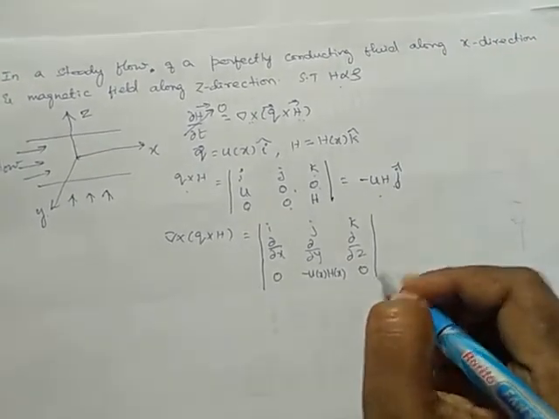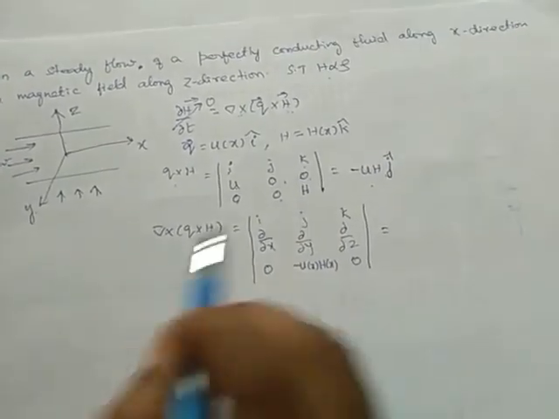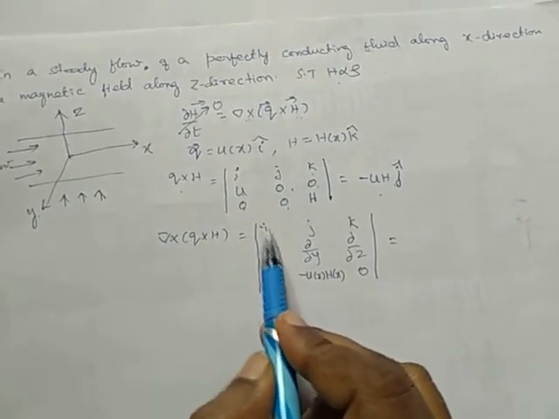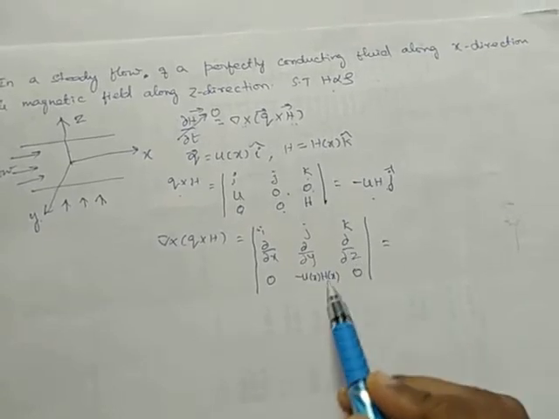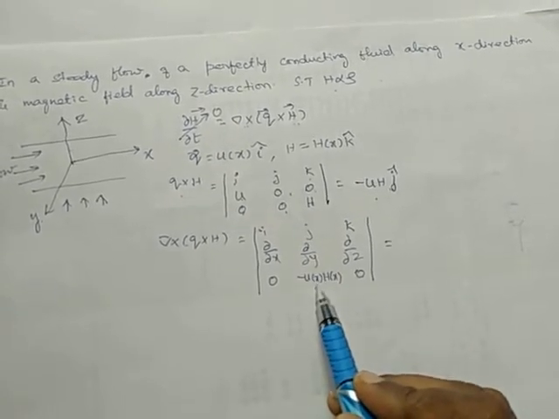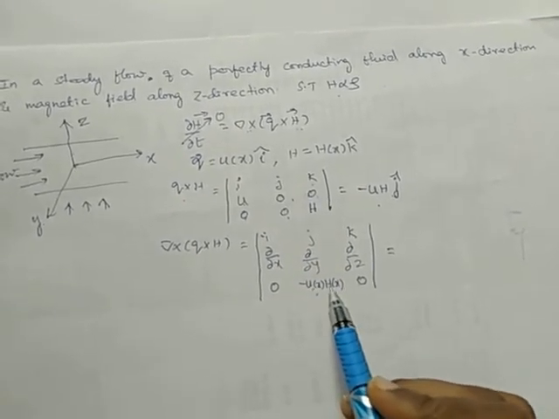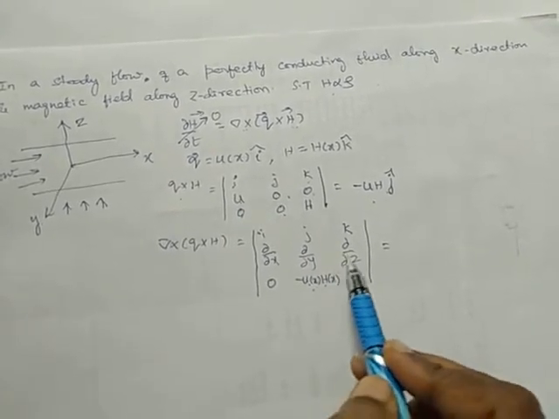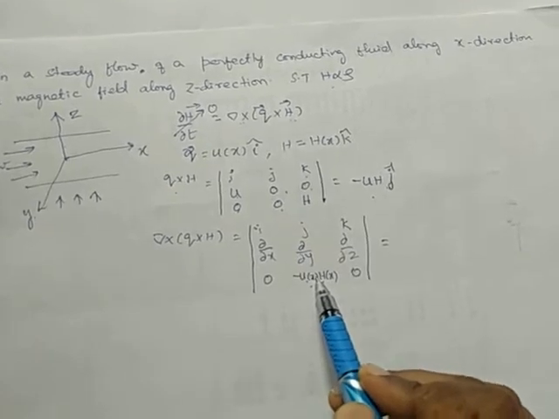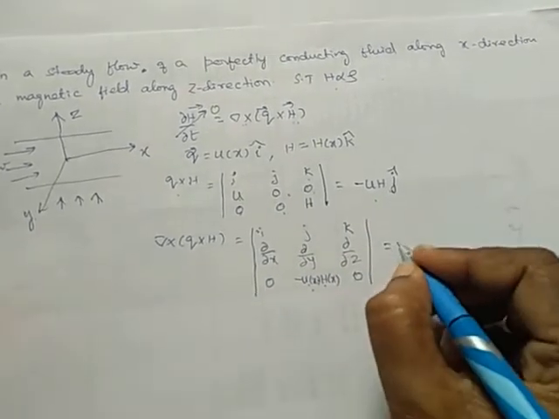For the i term, we have differentiation of 0 and differentiation with respect to z. Since u and H are functions of x, the differentiation of uH with respect to z is 0. So the i term is 0.